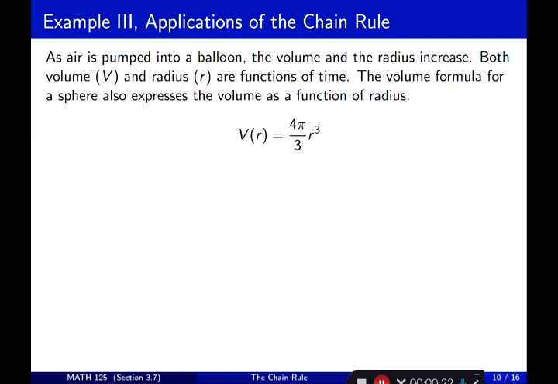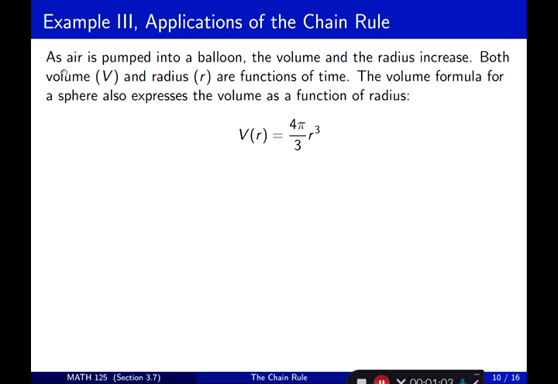The most important examples are actually where one variable is changing with respect to time, and the other variable is changing with respect to time, even though you don't see it in a formula, but they're implicitly there, and you have to calculate the rate of change of one variable with respect to the other variable. And so how does this work?